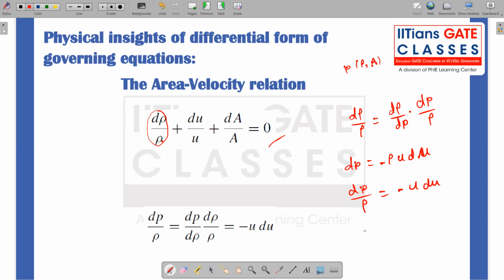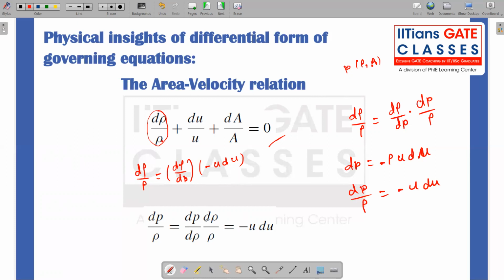So that is nothing but my d rho by rho can be written in terms of d rho by dP times dP by rho, that is minus u du, right? So now I am imposing one more condition.